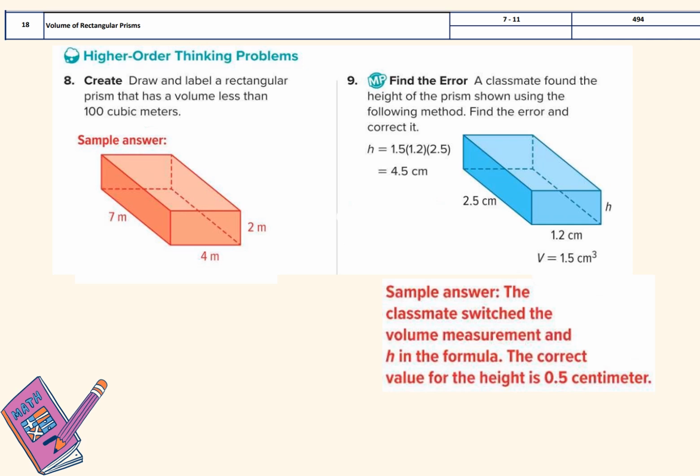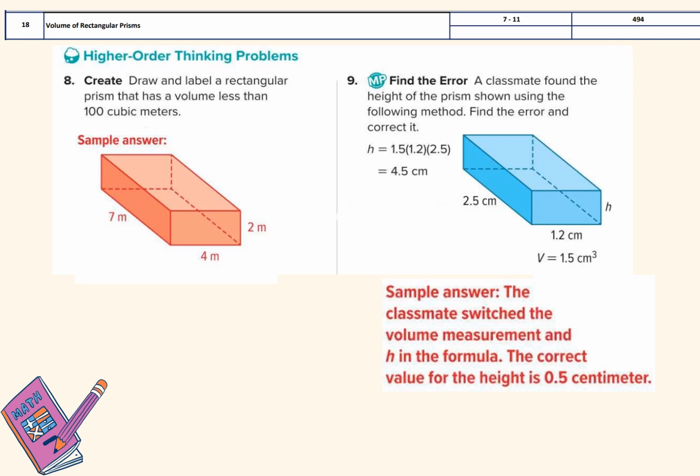Now let's solve question number 8. In question number 8, they want us to draw and label a rectangular prism that has a volume less than 100 cubic meters. So that question actually doesn't have only one answer. You may have more than one. This is one of the correct answers.